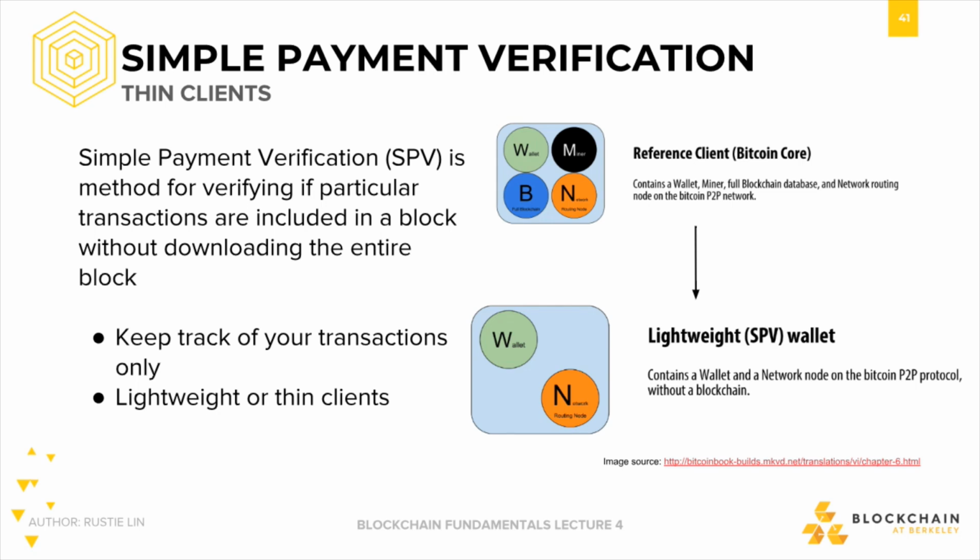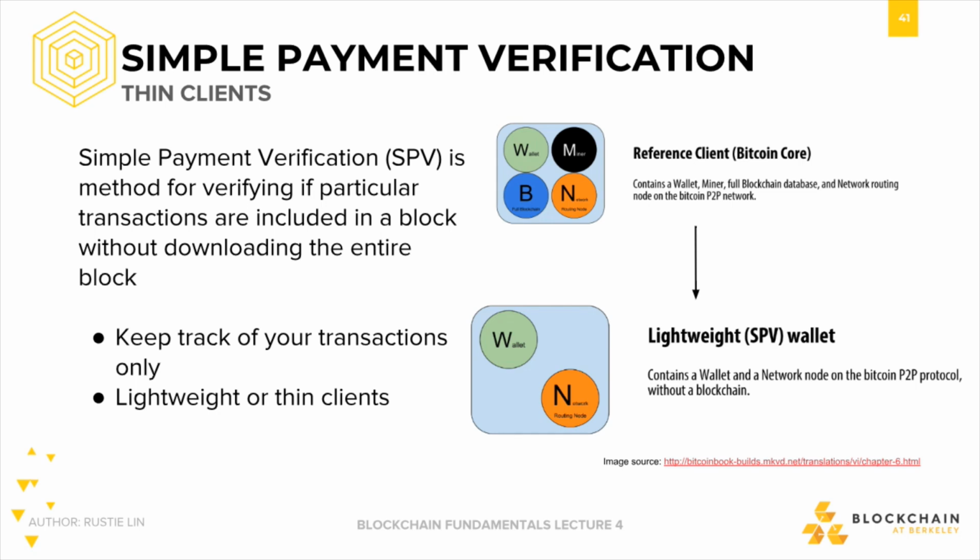The idea is we have SPV to thank for that. SPV stands for Simple Payment Verification. This is a method of confirming whether a transaction is included in a block. But instead of downloading the entire block with all the transactions, all you download is the block header, which is compact and finite.